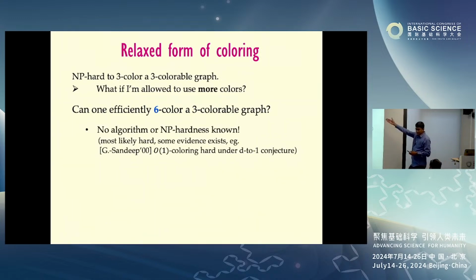A problem as simple as this. Now we do believe it is hard, under some intractability hypothesis called d2 to 1. There's a line of work which in this final paper showed it. But we can't show it's hard.